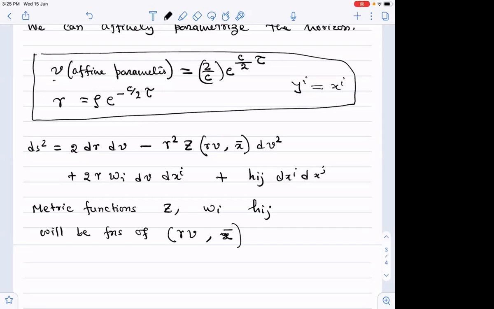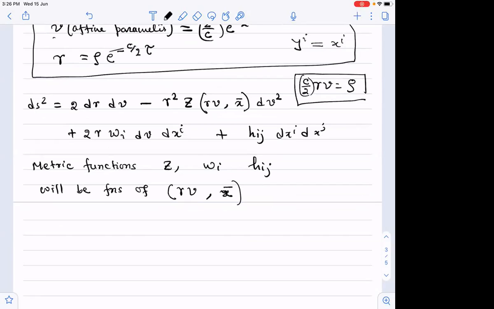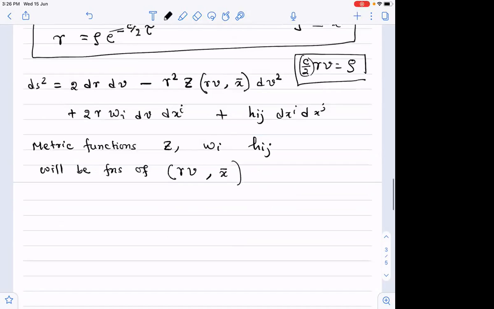If I look at it, C by 2 R times V is actually rho. So it depends on rho, but rho in this new coordinate is a function of R times V. That's true for a stationary metric. In this coordinate, the key point is this R times V, and the rest of the metric takes the following form.